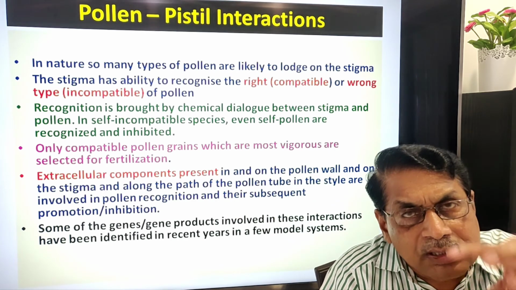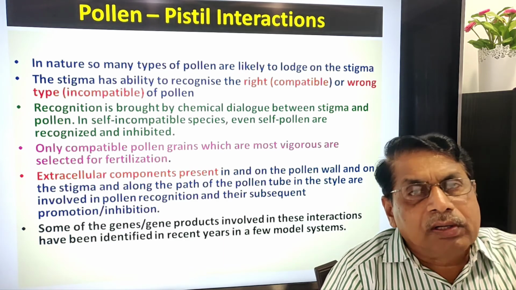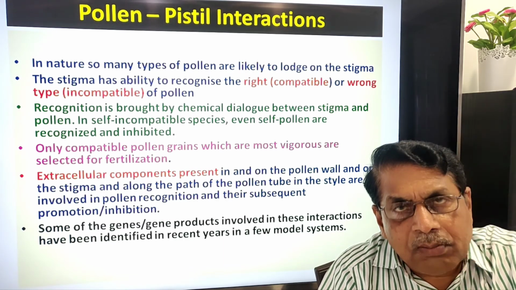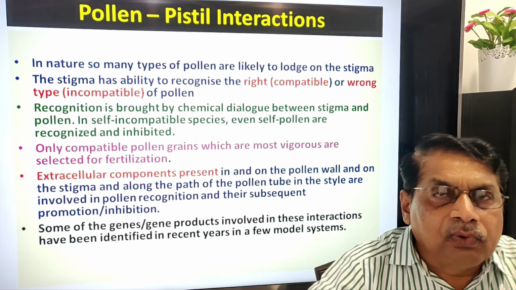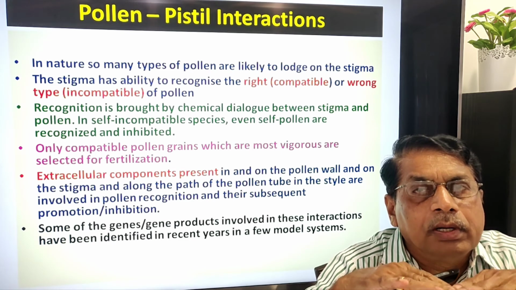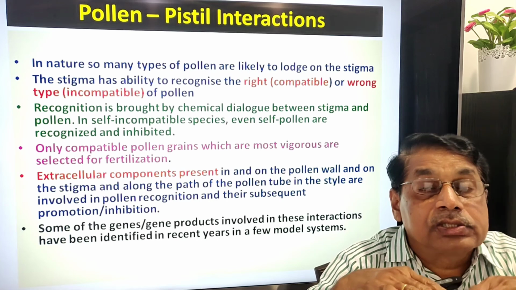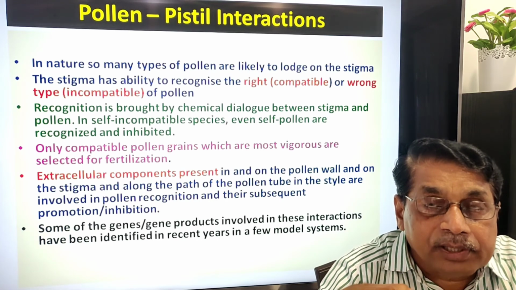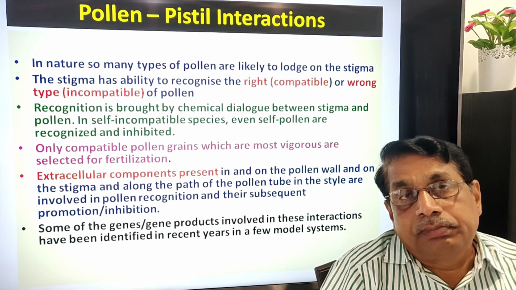For some of them, that surface is not ideal, or the stigma doesn't allow the pollen grains to germinate. Therefore, there is no compatibility between the pollen grains and stigma. Again, this is a device and adaptation to prevent self-pollination.